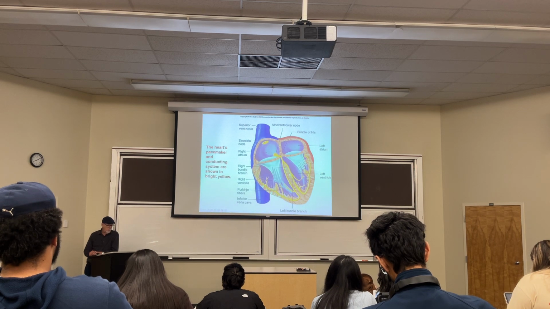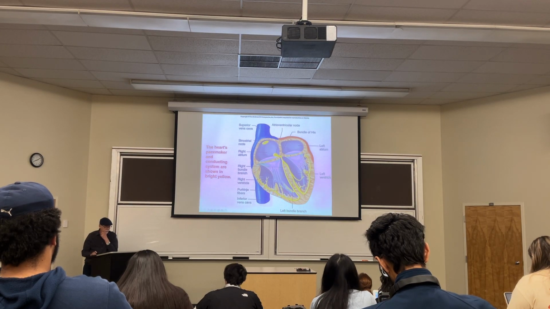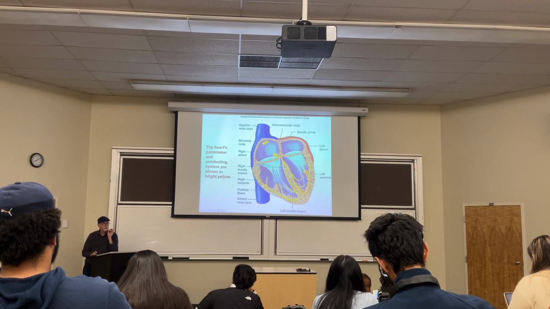Now, we want the atria to depolarize first, and then the ventricles, because we want the atria to contract first. The electrical event causes the mechanical event of contraction. Passively you fill up about 70% of your ventricles with blood, and then the atria contract and fill it up the rest of the way.